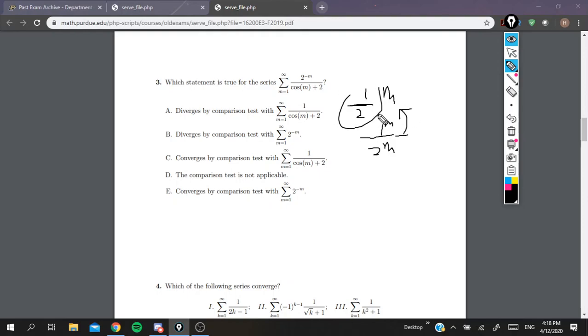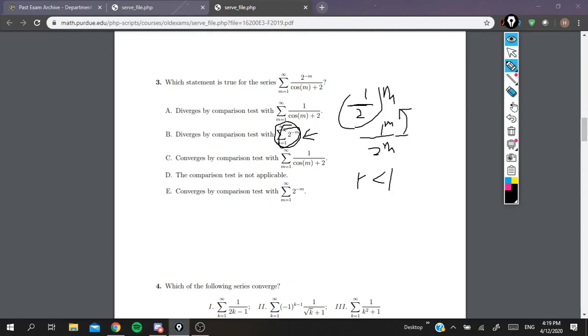And we know that a geometric series with r less than 1 will converge, and a half is less than 1. So this series will converge.